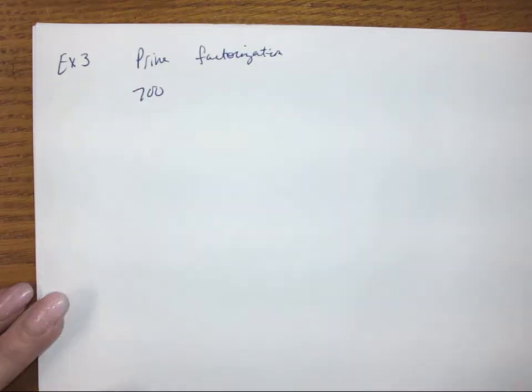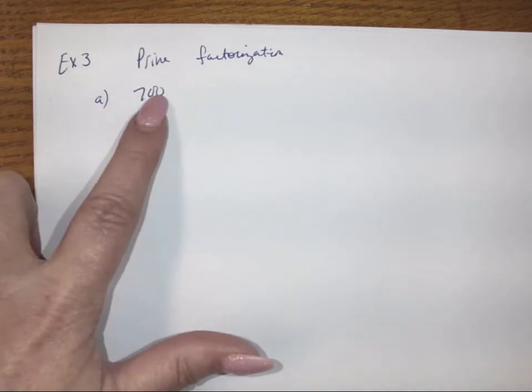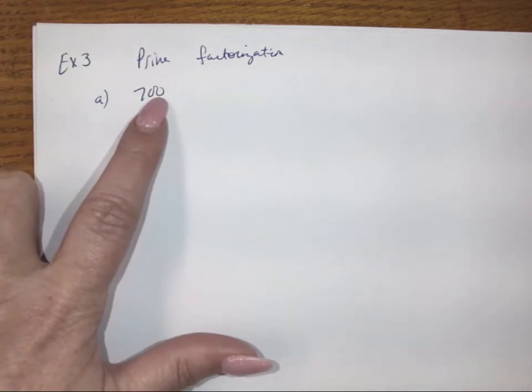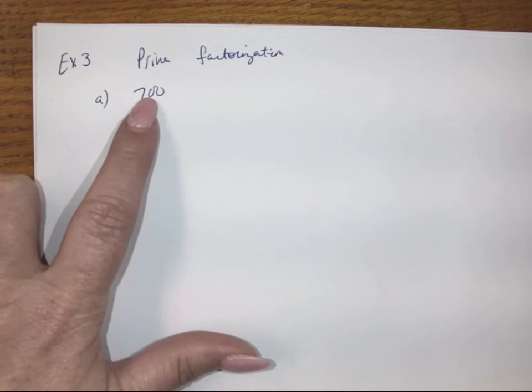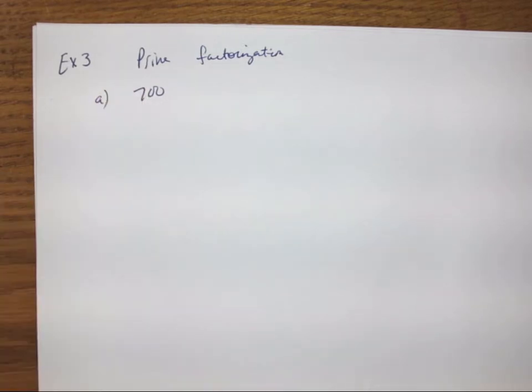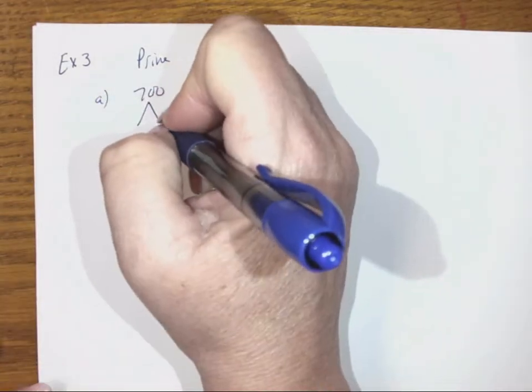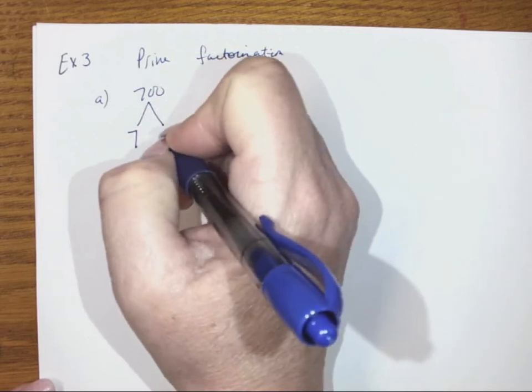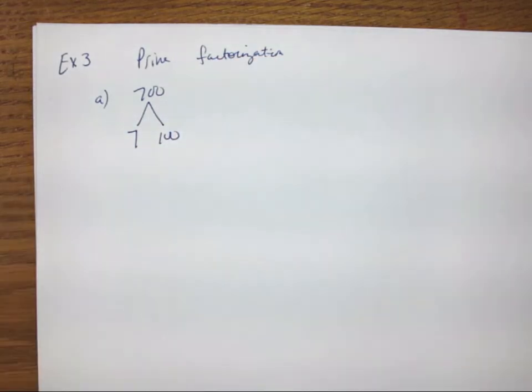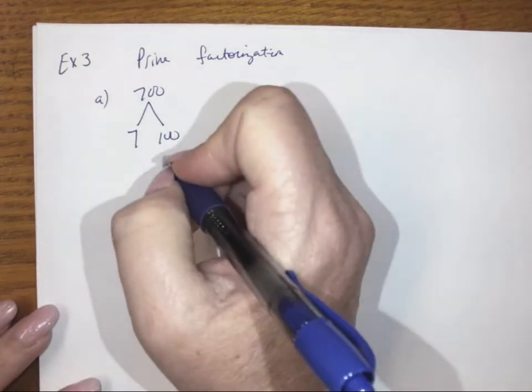That is a big number. So for 700, if it ends in a 0, you can divide it by 10. If it ends in 2 zeros, you could divide it by 100. So let's go with 100. So 7 times 100, if you'd done 10, it would be 70 times 10. You can go either way. Like I said, you'll get to the same answer.